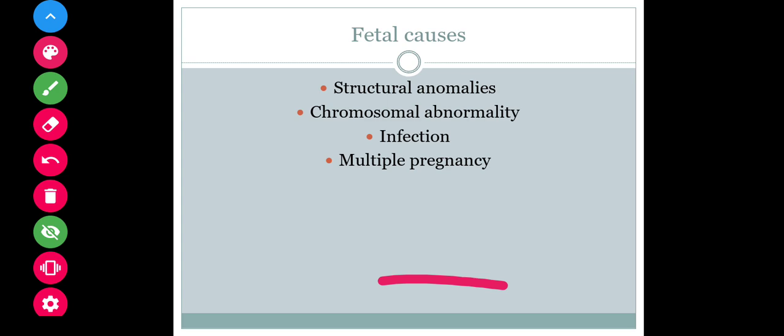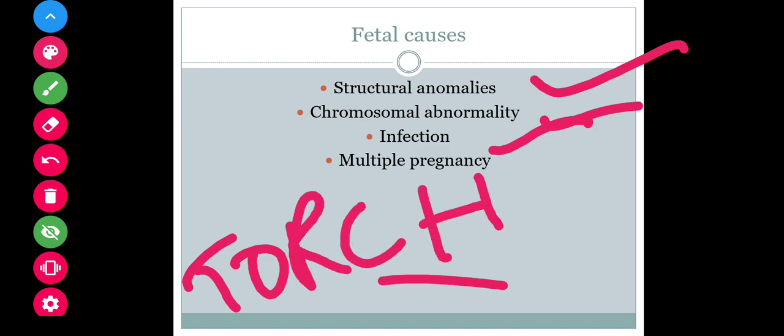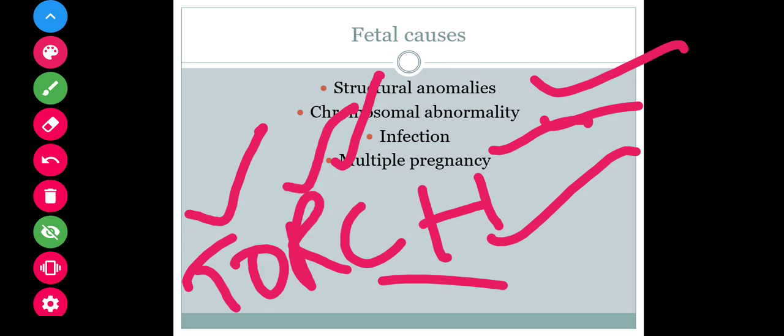Next, fetal causes. Structural anomalies, as I discussed before, when the cell number is less or there is a chromosomal abnormality, and infections like TORCH. TORCH stands for toxoplasmosis, rubella, cytomegalovirus, herpes simplex. These infections can cause IUGR.